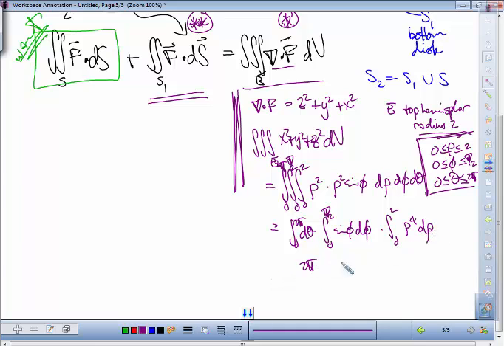So I got 2 pi over here, and I got 1 for this one, and this is rho to the 5th. So 2 to the 5th, computer science people? 2 times 2 times 2 times 2 times 2. Is that 32 or 64? 64.